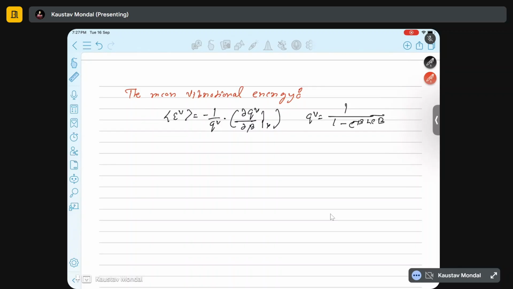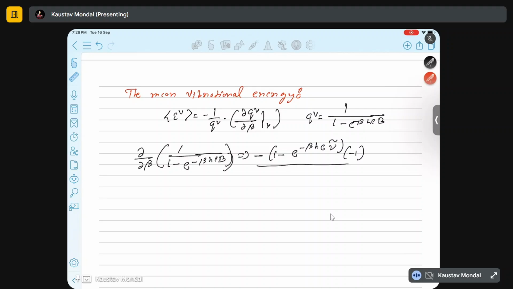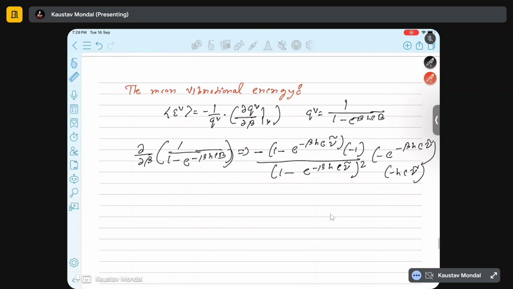We get a minus sign up front, so minus 1 over 1 minus e to the power minus beta hc nu tilde, where nu tilde is the wave number. In the denominator, the square term would come, and the whole thing is into minus hc nu tilde e to the power minus beta hc nu tilde.